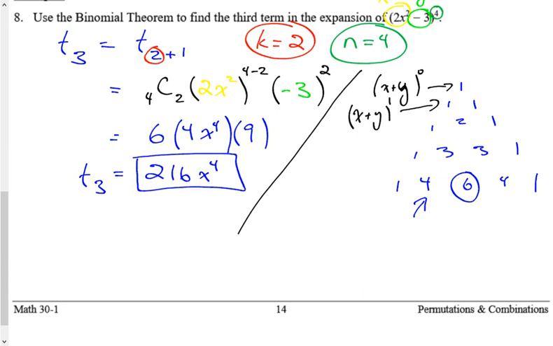The next row would come from x plus y to the exponent 2. And again, it's that second term that matches with that n value of the exponent. So this one, x plus y to the exponent 4, and my second term is a 4. Because that's 4 choose 1. Starts with 4 choose 0, which is always 1. My second term will match with that n value.